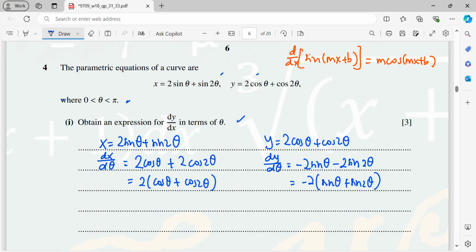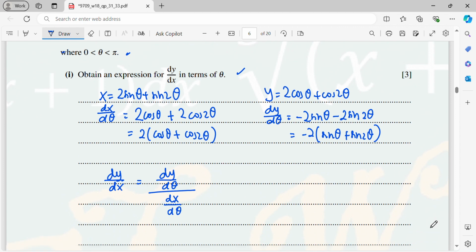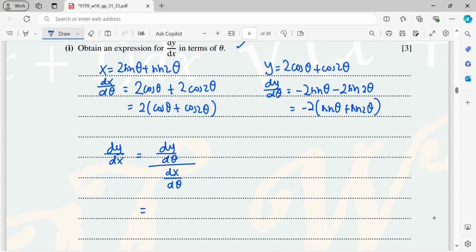Okay. So lastly, my dy over dx. Then it will be dy over d theta divided by dx over d theta. Then from here, I will say that is minus 2 times sine theta plus sine 2 theta over 2 times cos theta plus cos 2 theta.